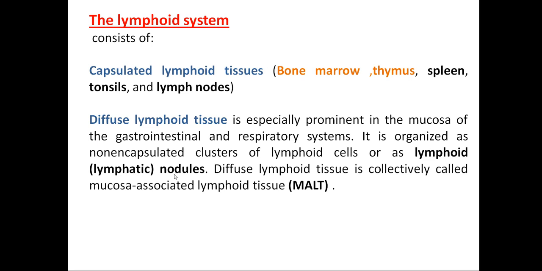This lymphatic nodule is located in the mucosa of the gastrointestinal and respiratory systems. Diffuse lymphoid tissue is collectively called mucosa associated lymphoid tissue. So the lymphatic nodule is located in the mucosa associated lymphoid tissue of the respiratory or gastrointestinal system.